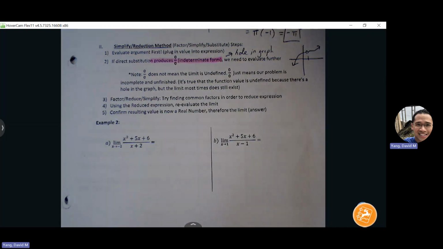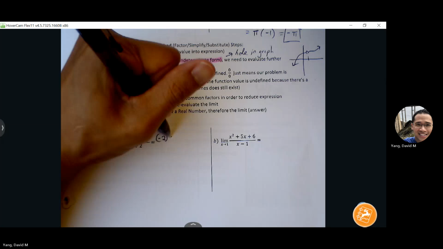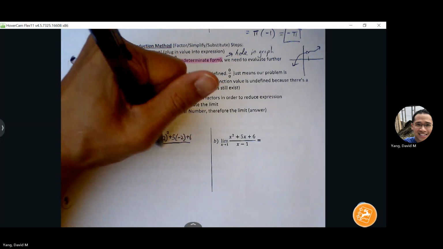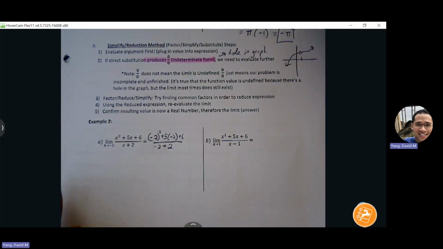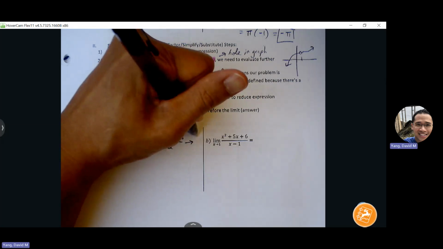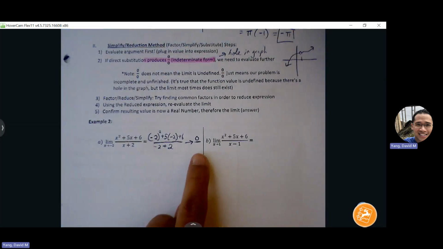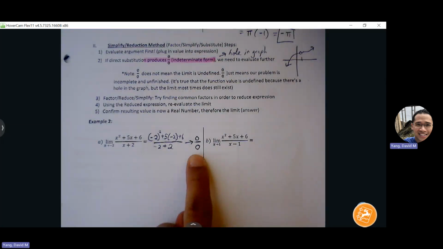So if I plug -2 in for x, okay, what do we get from the numerator? 0. Guys, put an arrow like this. I'll talk about that in a second. Okay. What do I get in the denominator? 0 as well.